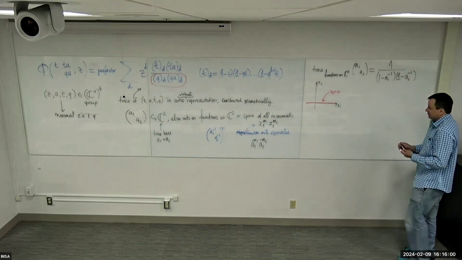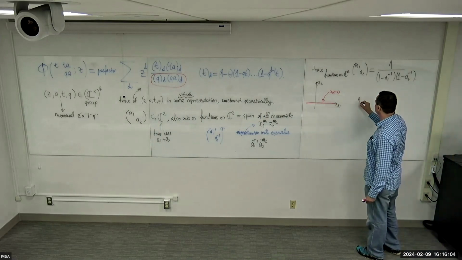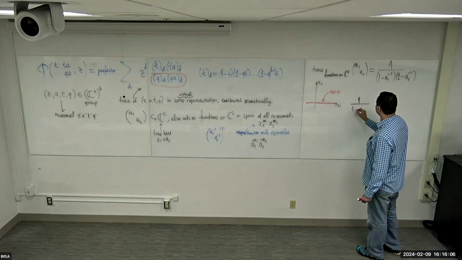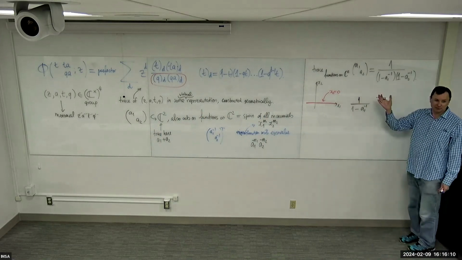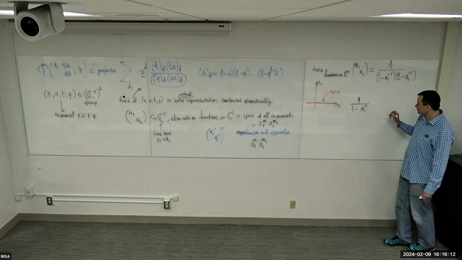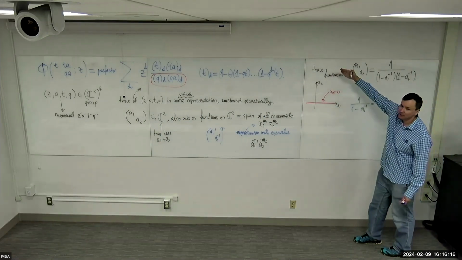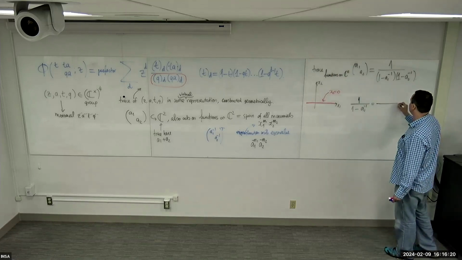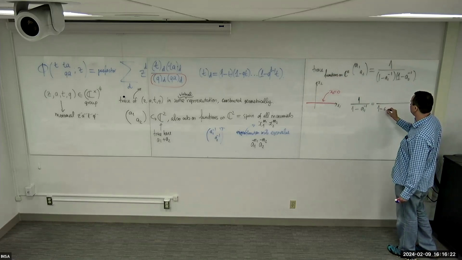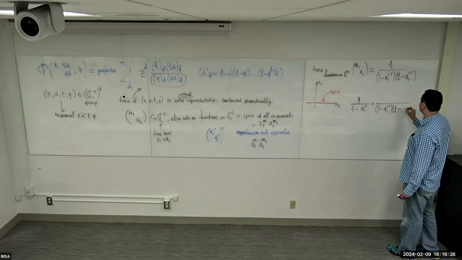So then, of course, in this new trace, I compute the trace. The trace should be just 1 over 1 minus A1 inverse, because now there's no x2, right? The way you think of it, I first had functions of two variables, and now I impose equations.